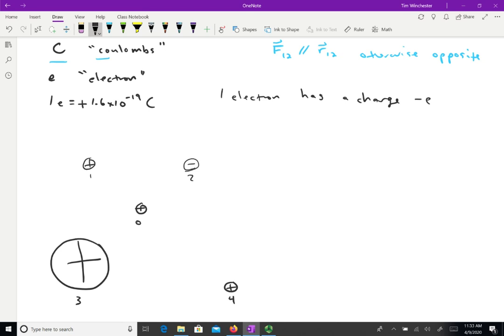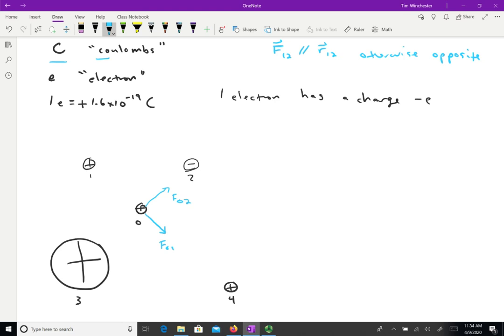Okay, so we can figure out each of the forces pairwise. To figure out the force on charge 0 from charge 1, well, I know it'll repel, so there will be a force this way. So that'll be F01. For charge 2, it's actually going to attract, so we'll get a force this way, the force on 0 by 2.